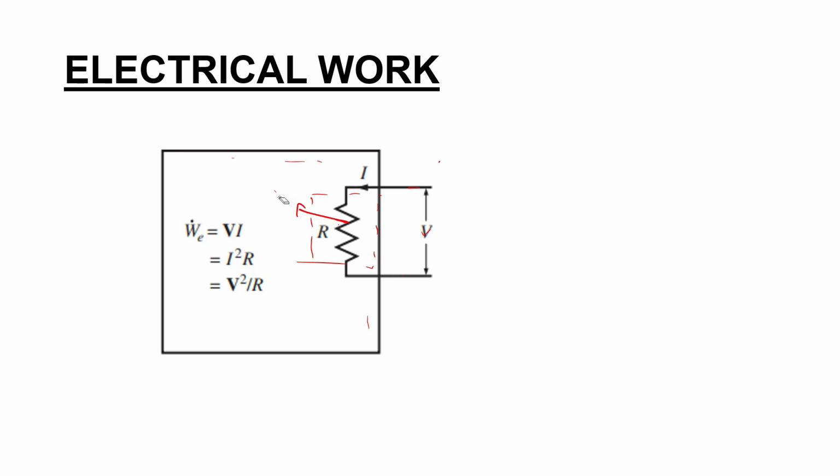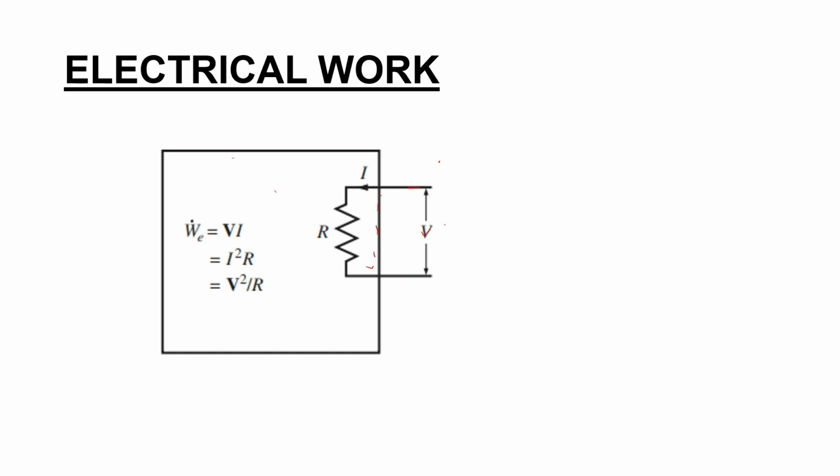The resistor gets heated, so it has got a high temperature, and energy transfers from this resistor to outside in the form of heat. But energy transfers from the outside of the system to inside of the system in the form of electrical work, or the electromotive force. So this is all about electrical work.